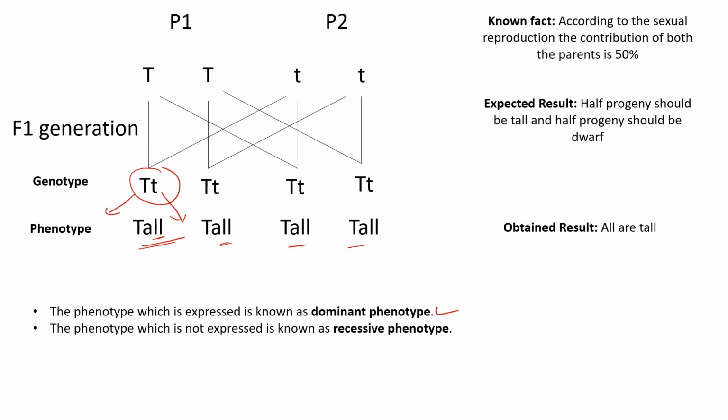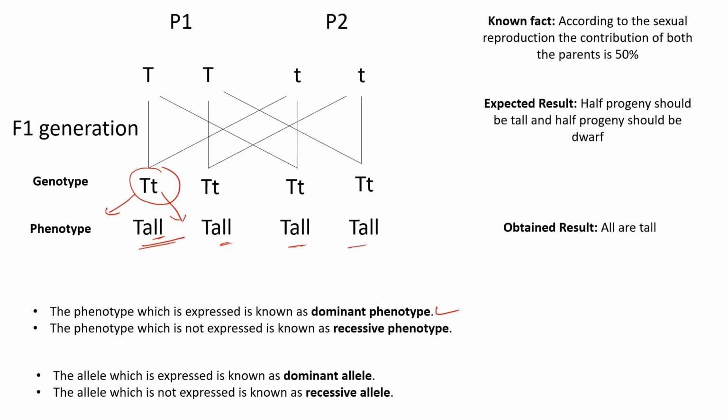So the phenotype which is expressed is known as dominant phenotype, and the phenotype which is not expressed is known as a recessive phenotype. Now the same we can say for the alleles also, because this capital T is for the tall plant and this small t is for the dwarf plant. But only capital T is getting expressed, but small t is not getting expressed. So with respect to the alleles, the allele which is expressed is known as dominant allele.